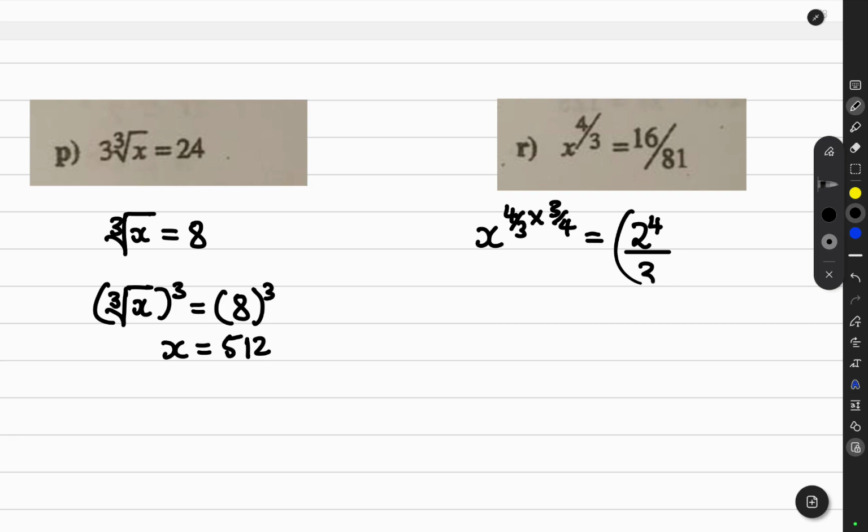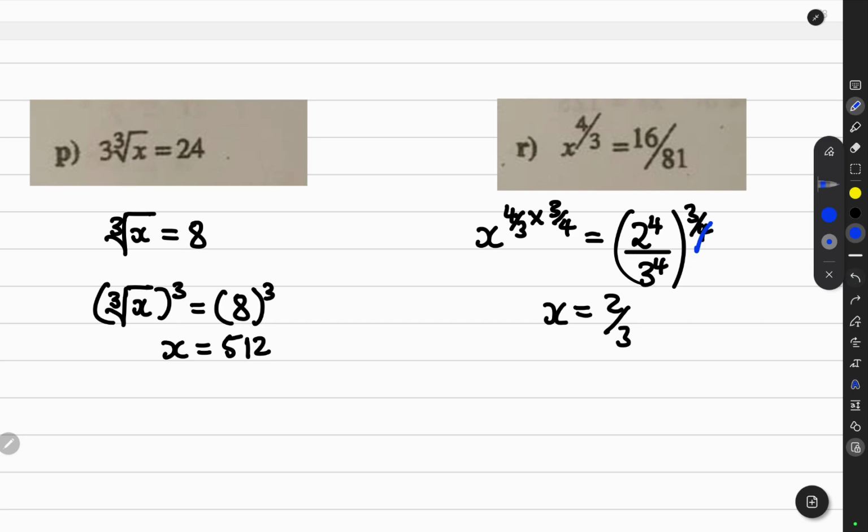Then the answer here will be x equals 2 over 3, because the 4 will cancel here and the 4 will cancel there.